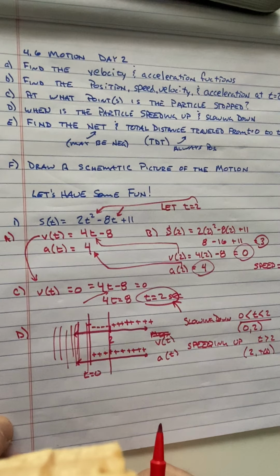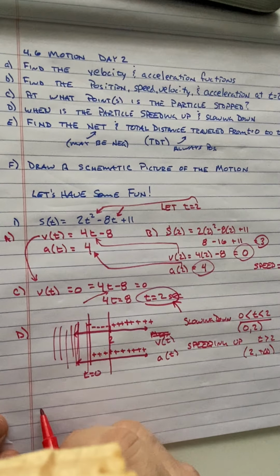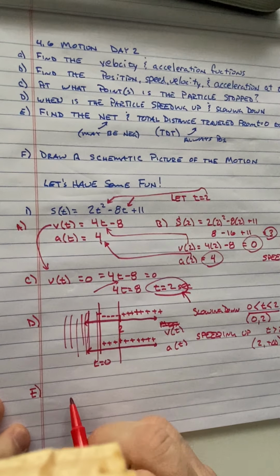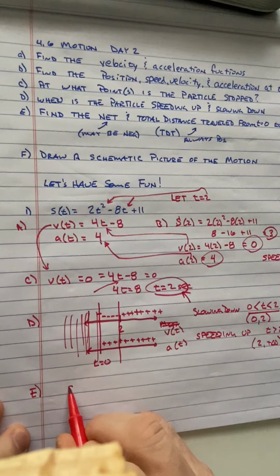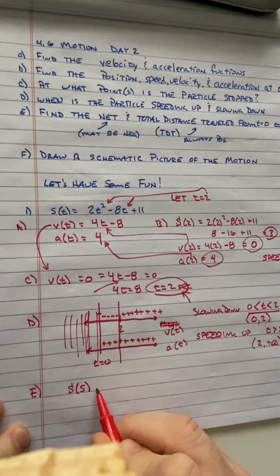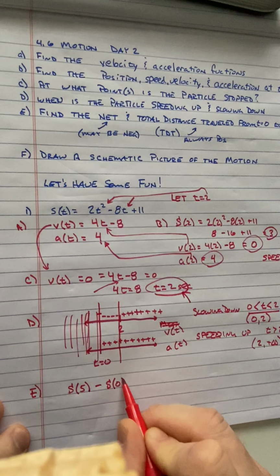Net distance sometimes can be negative if this particle traveled left more than it traveled right. So the net distance for part E, my second favorite part, is the position at t equals 5 minus the position at t equals 0.